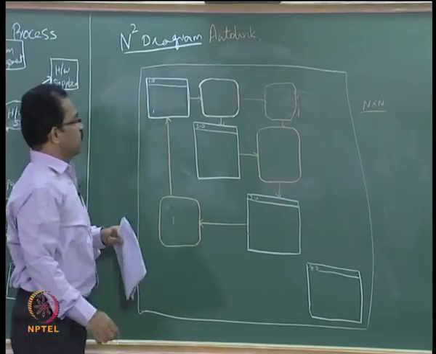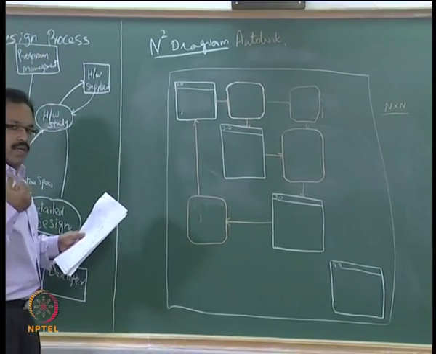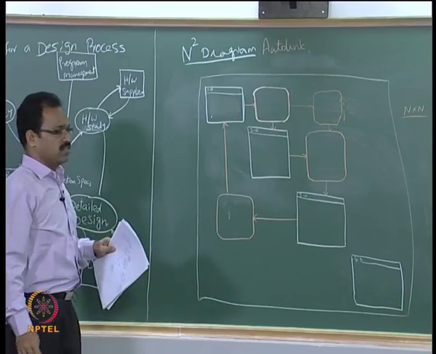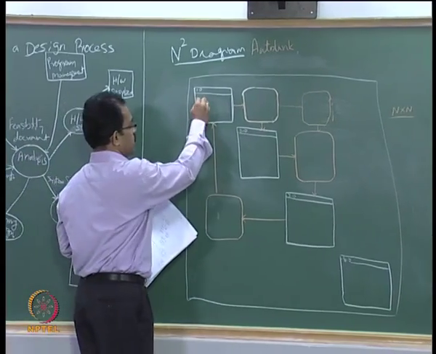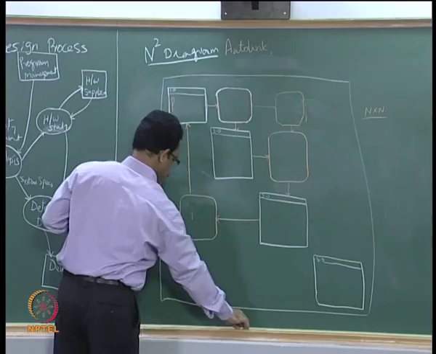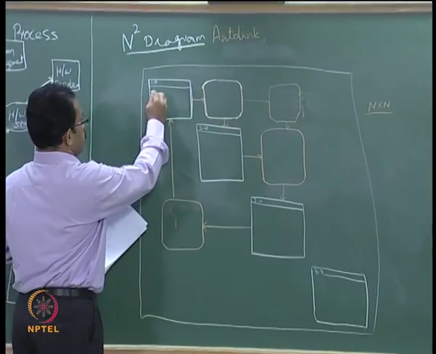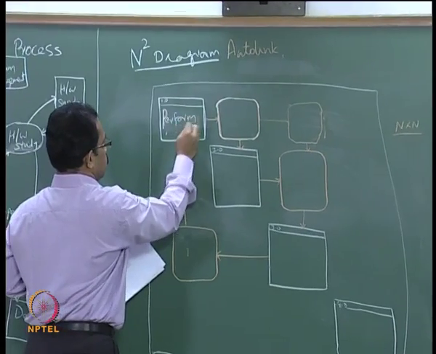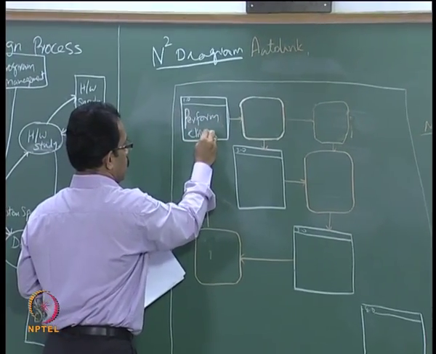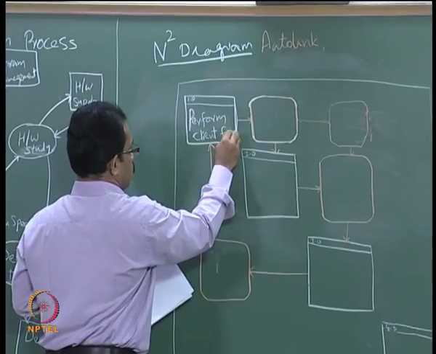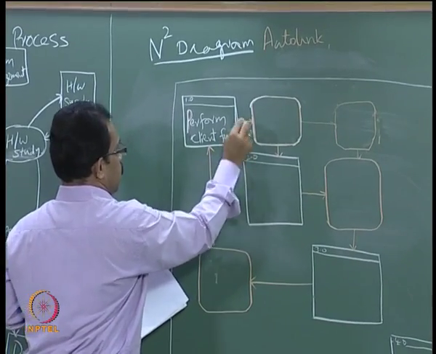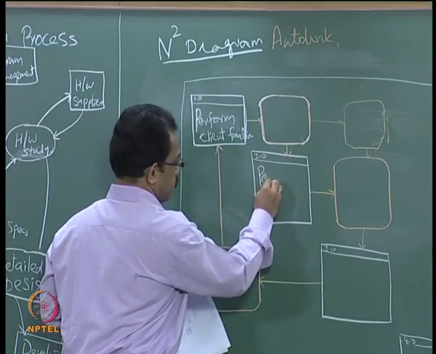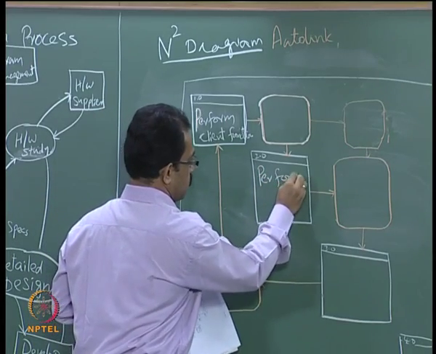So in this auto link system, if you want to develop an N2 diagram or the functional decomposition, we will identify all the sub functions needed. So we will write down the sub functions here: perform client function, then perform auto link function. So these are the sub functions.